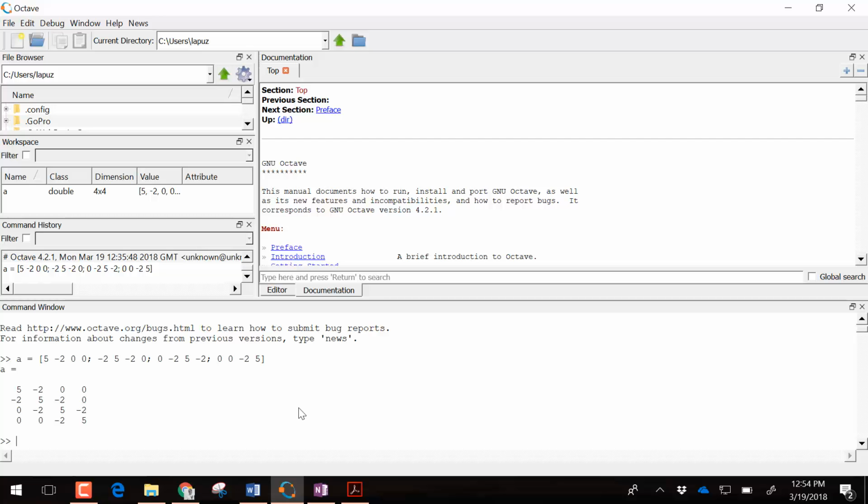So the LU decomposition is the function called LU, but there are some functions in MATLAB where the output has two different outputs.